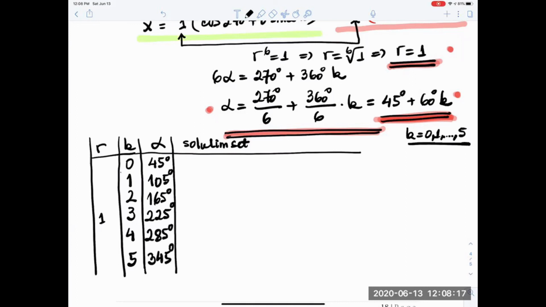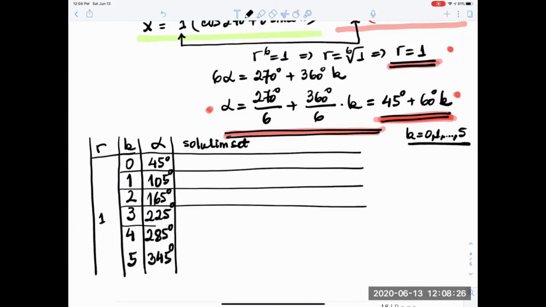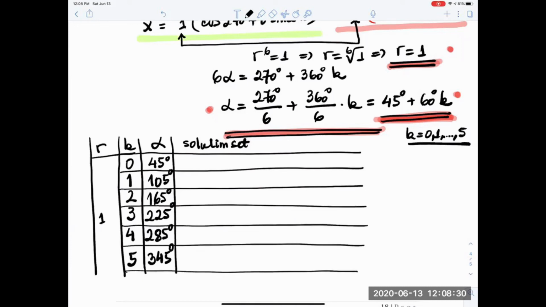That means you can rewrite them. Let me redo this a little bit better. They don't say anything about the standard format, but you can write them like that as well.